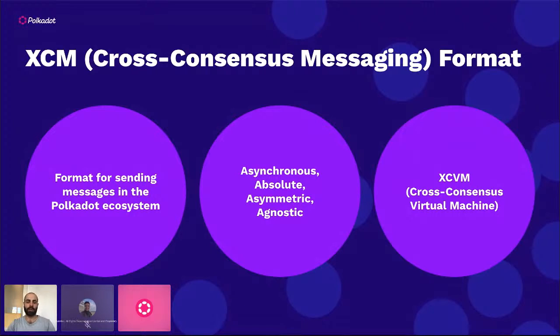It's absolute, meaning that every single message will be delivered. It's asymmetric, meaning that messages that are delivered won't have, by default, some sort of notification saying that the message has been delivered, unless that's part of the functionality that you want to code into your XCM implementation. And it's also agnostic about the consensus mechanism of the sender and the receiver. It doesn't really care about those types of things.